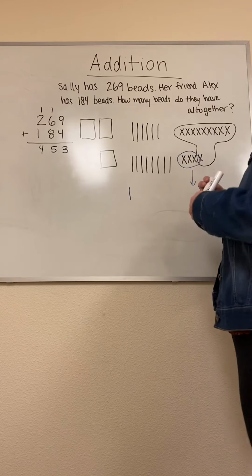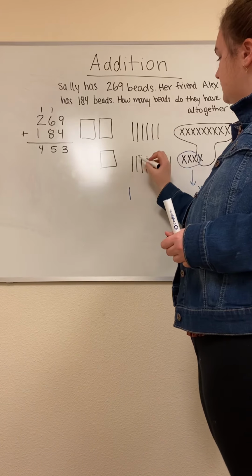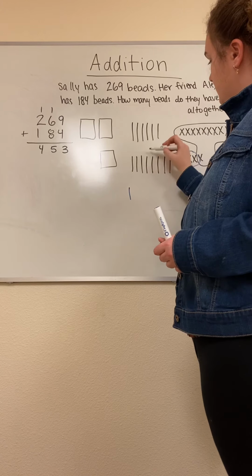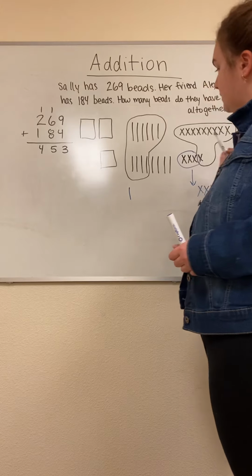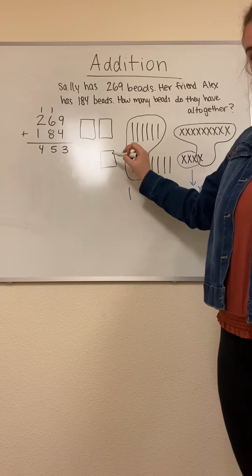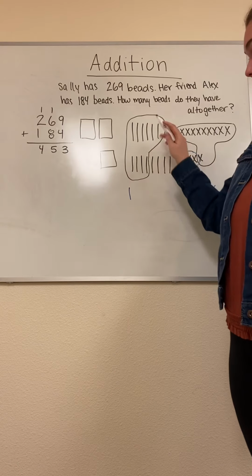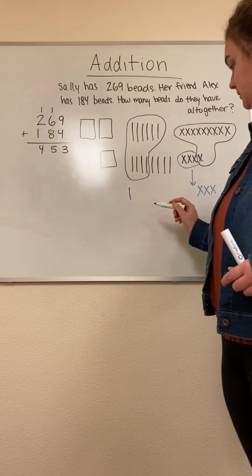Then we have 1, 2, 3, 4, 5, 6, 7, 8, 9, 10 tens going on right here, and one 100 block has 10 of these in it. So we're doing the exact same thing we just did with the ones, but taking 10 tens and making them into a new 100.